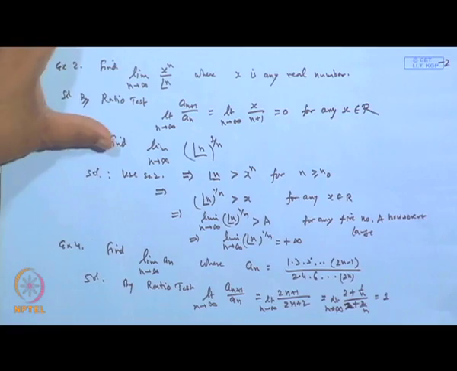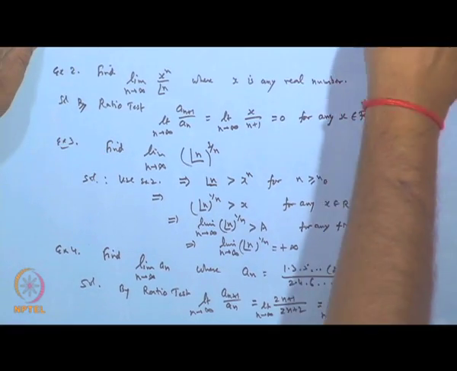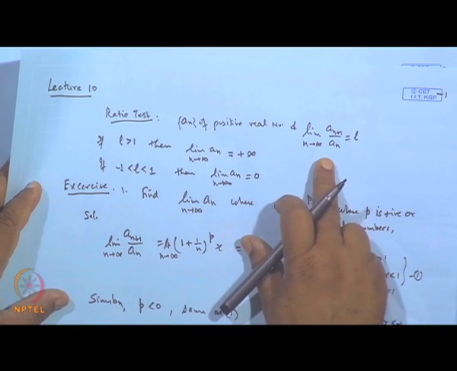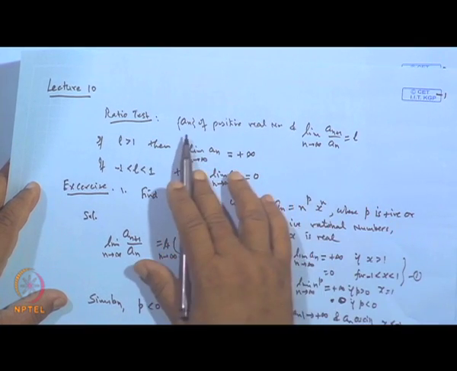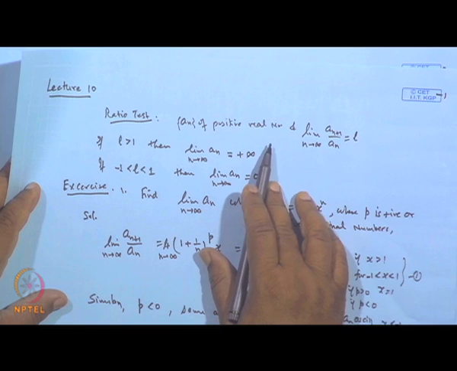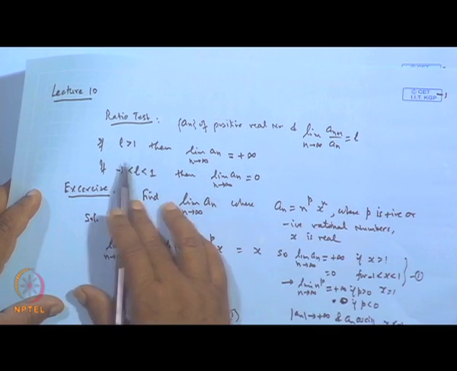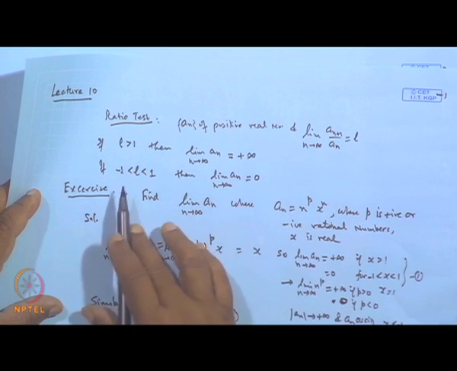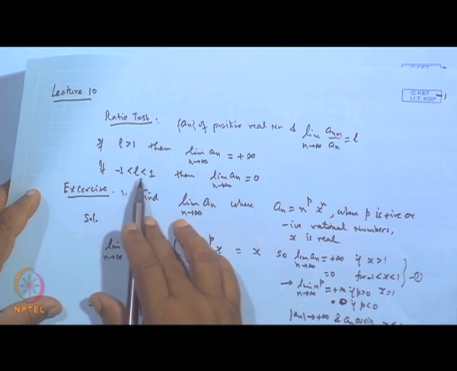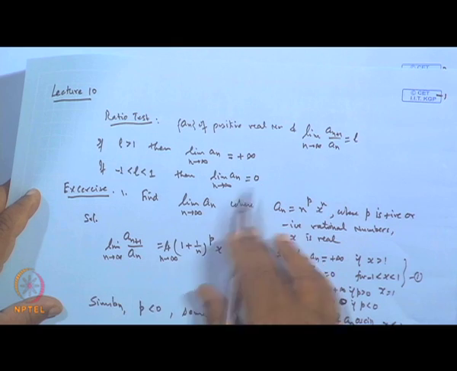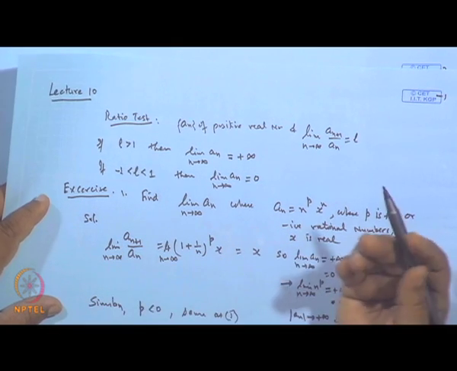Now, what does the ratio test say? The ratio test says when a n is a sequence of positive numbers such that the limit of a n plus 1 over a n is L: when L is greater than 1, the limit will be plus infinity. When L lies between minus 1 and 1, the limit is 0. But it does not say anything about L equal to 1.